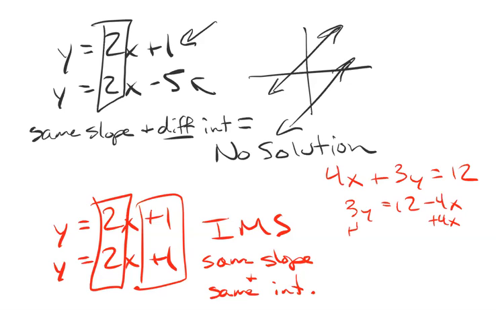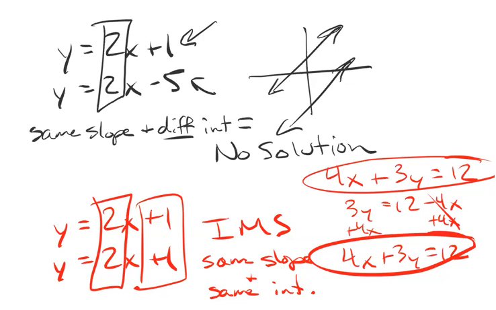If I add 4x, it's going to end up looking the exact same as the top one. And if your two equations look the exact same, then it's infinitely many. They're the same line, whether it's y equals mx plus b or not. If they're the same exact equation, it's IMS. Okay, any questions on that? This is one way that we can tell no solution versus IMS.